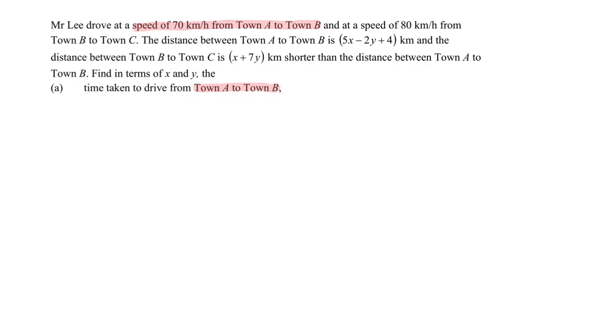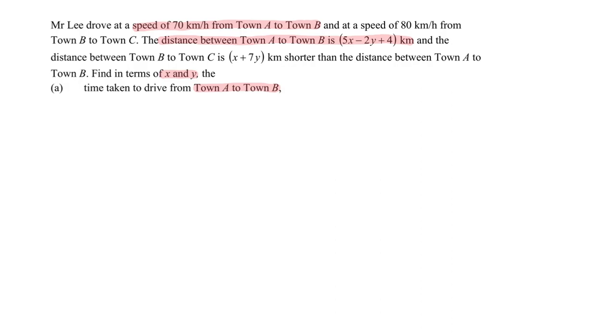The distance from town A to town B is 5x minus 2y plus 4. Find in terms of x and y. That means the final answer for this part would have the variable x and the variable y.